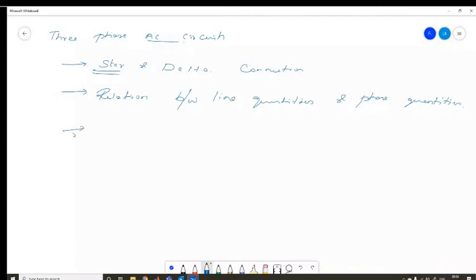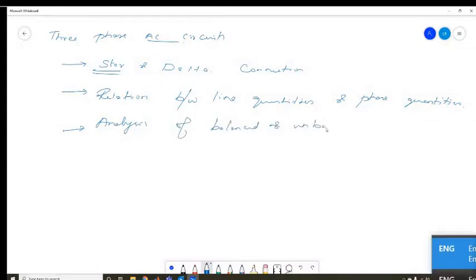And we'll also be analyzing the balanced as well as unbalanced load condition. When the loads connected to all these lines are identical, then we call it balanced; if not, we call it an unbalanced condition.